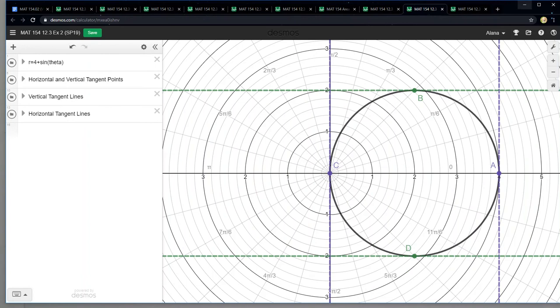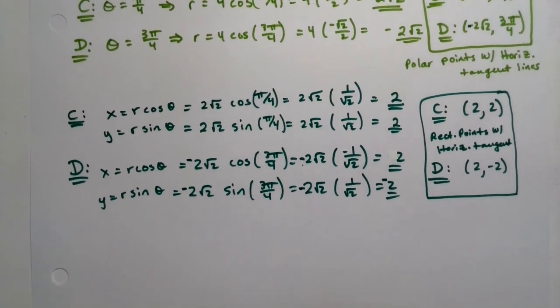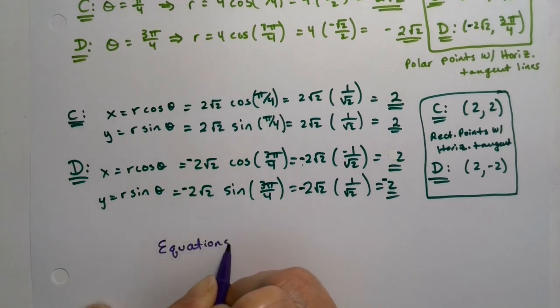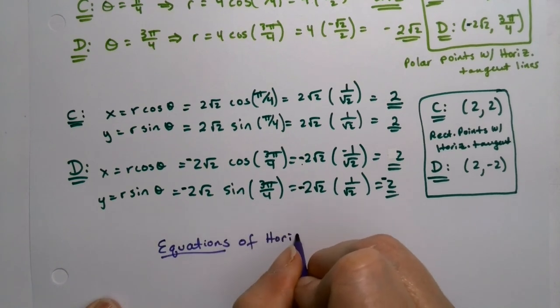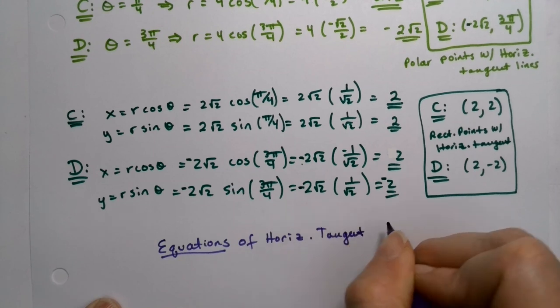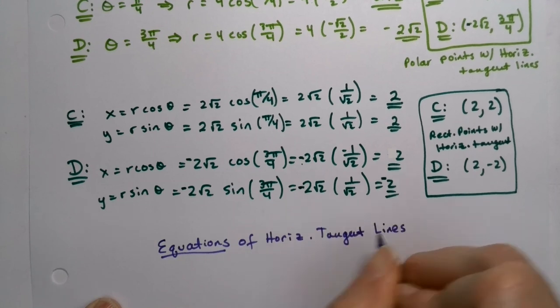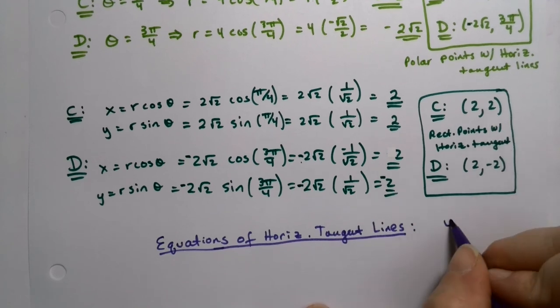One other thing they didn't ask us for directly, but we could give it to them really easily, is the equations of the tangent lines. So just so you know, the equations of those horizontal tangent lines, well, they're horizontal, so they're not hard. Horizontal lines are y equals, and we just figured out what the two y values are.